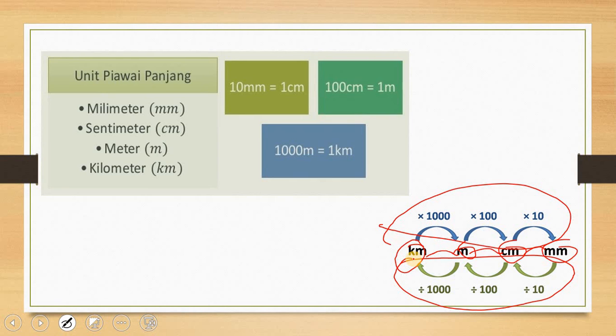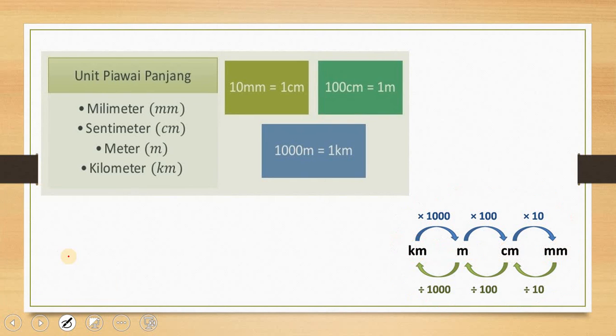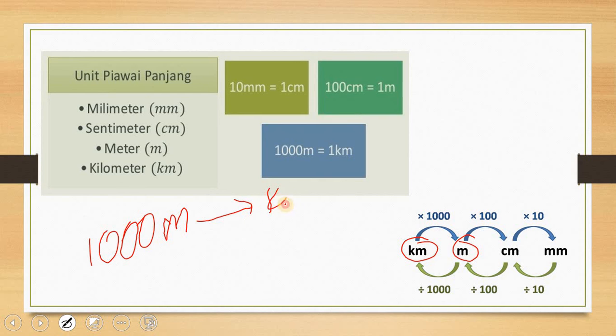Contohnya macam meter ni, meter to kilometer, you only have to divide by 1000. Okay, for example, you have like maybe 1000 meter. So orang tu pun tanya, okay, so Ali have walked 1000 meter. So how many kilometer does he have travel?